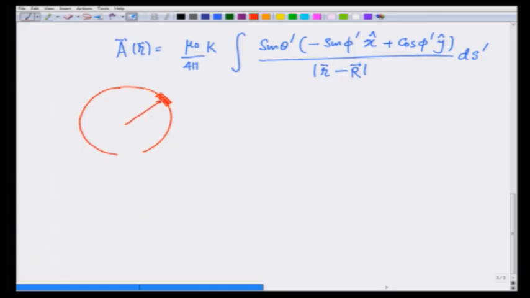This vector is r prime, and I am calculating the vector potential at some vector r.